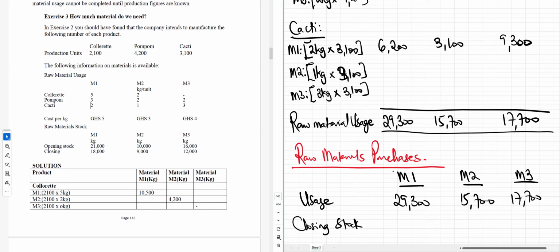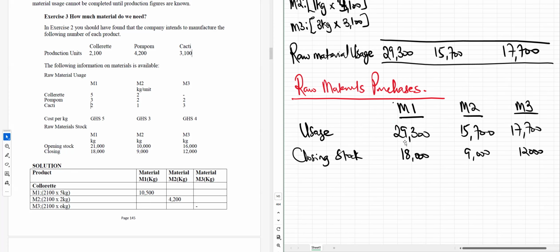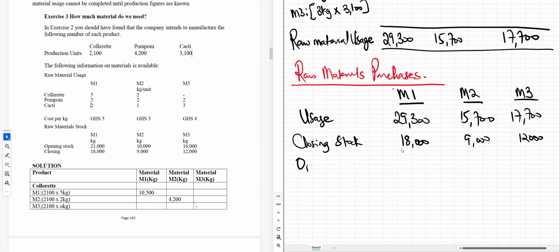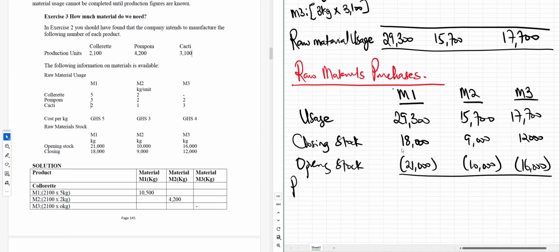Yes. 18,000, 9,000, and 12,000, right? We add. Then was there opening stock of raw material? Yes. So 21,000 for M1, and 16,000, 10,000, right? That's all, and that now gives us our purchases.